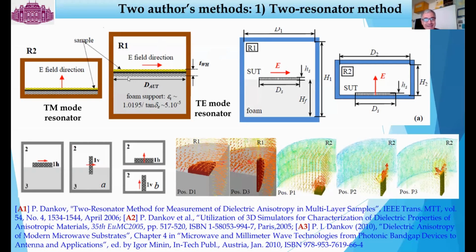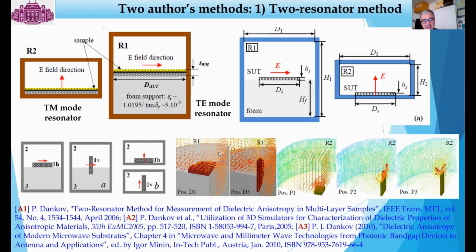After the presentation, I will continue. We put samples into two resonators with parallel or perpendicular dielectric constant, and by measuring the resonance frequency and Q factors, we can extract the corresponding dielectric constant.